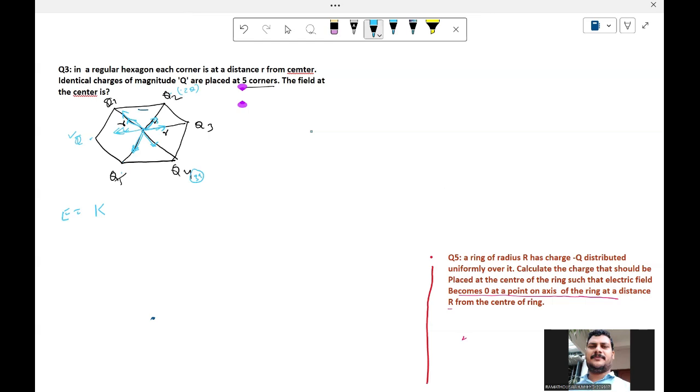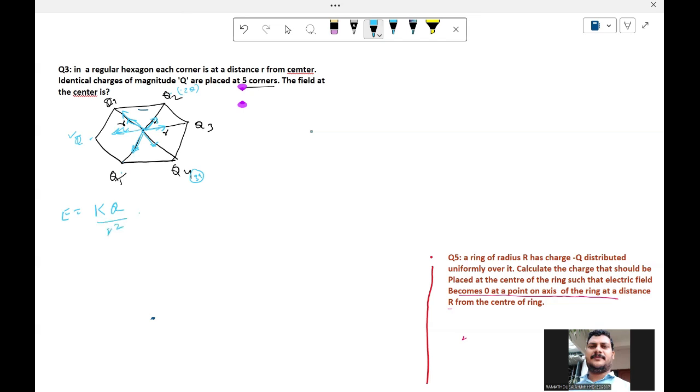That means the electric field due to the 6th charge is making all the other electric fields cancel each other. As shown in the figure, opposite charges produce equal electric fields in opposite directions, so they cancel. Only Q3 remains, which is equal to KQ by R square.